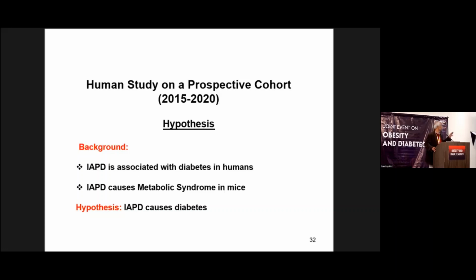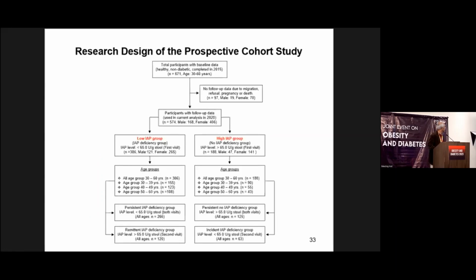Diabetes and IAP deficiency are associated, but it didn't prove that it is the cause. So we started another prospective study, because in mice we found that IAP deficiency might develop diabetes. So my hypothesis was that, yes, IAP deficiency causes diabetes. Let's see what result we got.